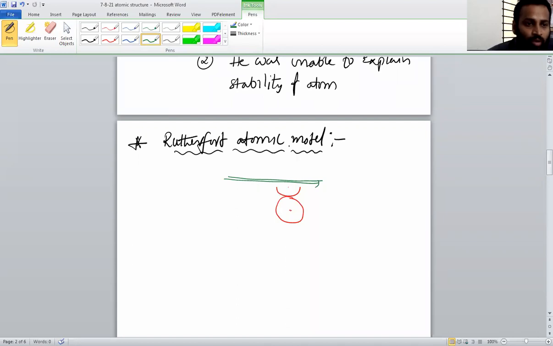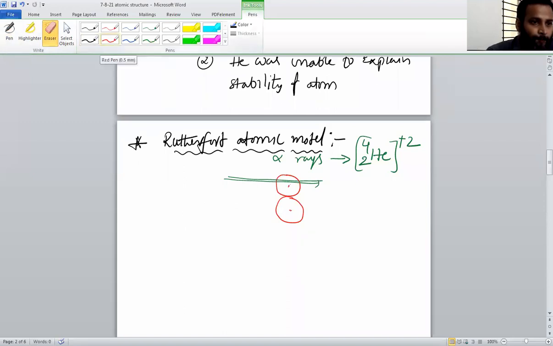Remember, what are alpha rays? I'll tell you everything. Alpha rays mean di-positive helium ions. Remember this: di-positive helium ion, He2+.